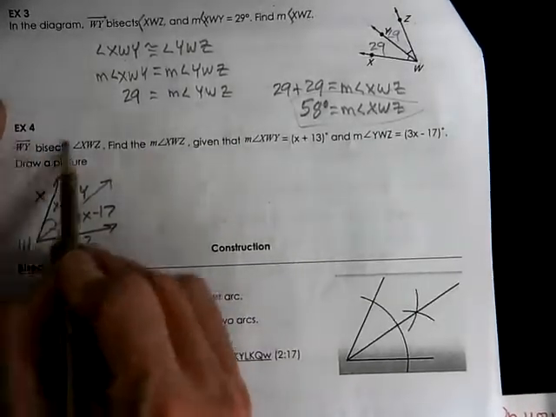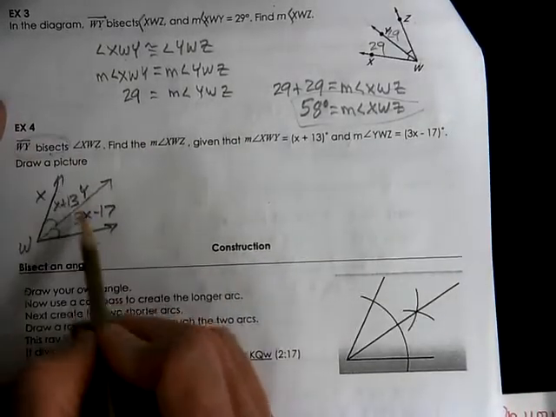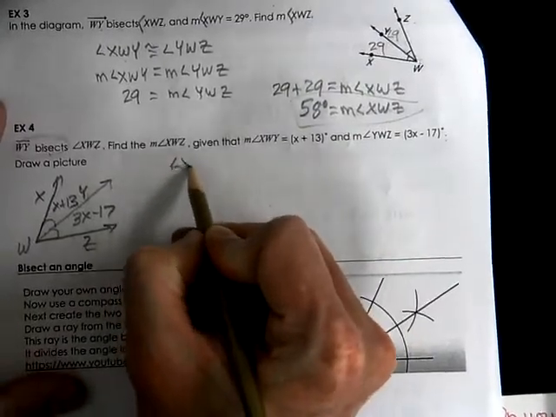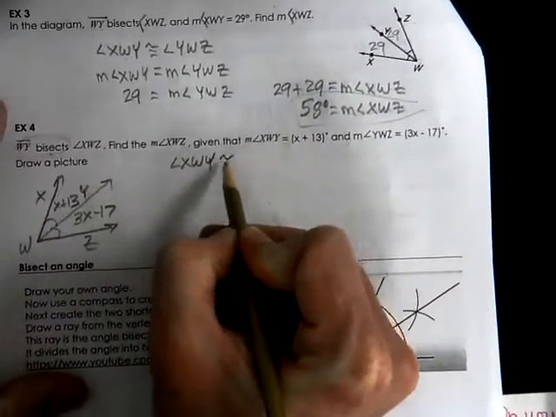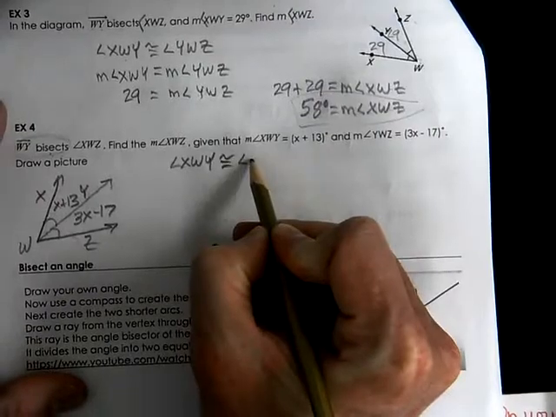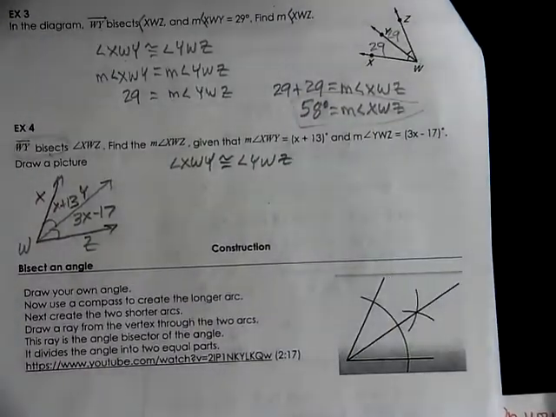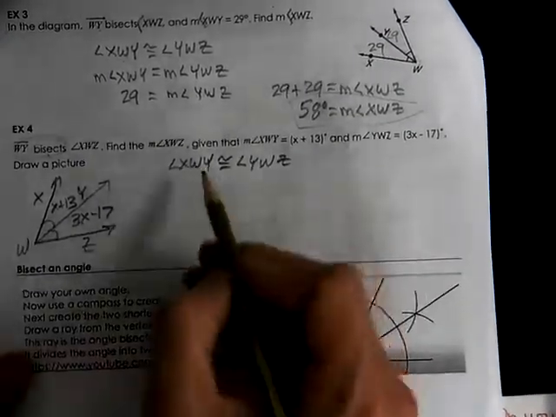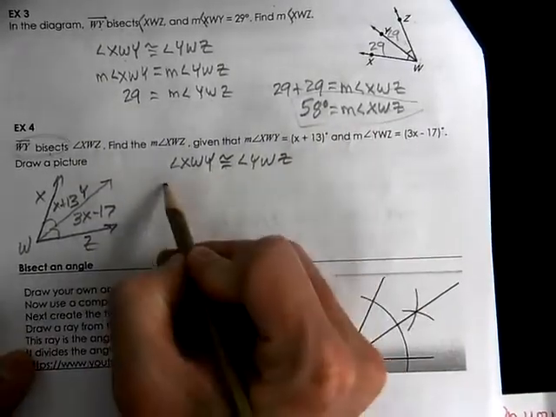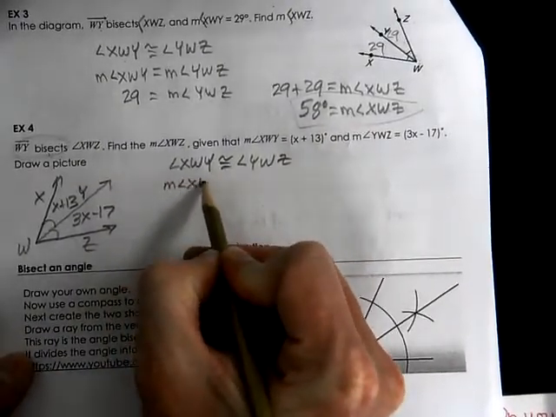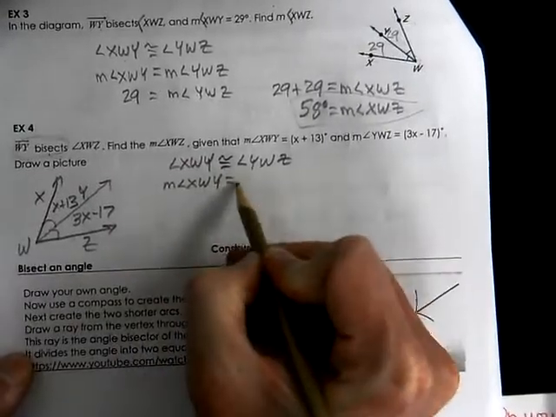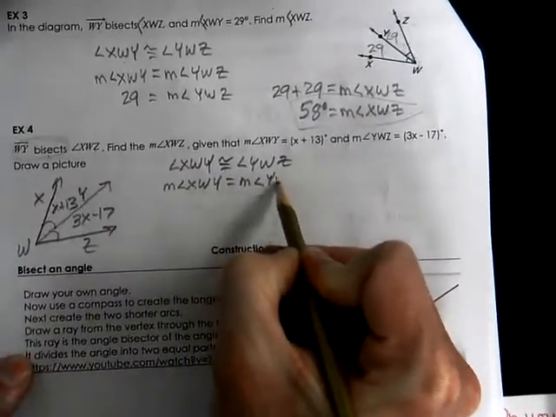But if we go back to this idea of bisects, then we know that angle XWY has to be congruent to angle YWZ. A bisector is going to create two congruent parts. So if the angles are congruent, the measurement of angle XWY is supposed to equal the measurement of YWZ.